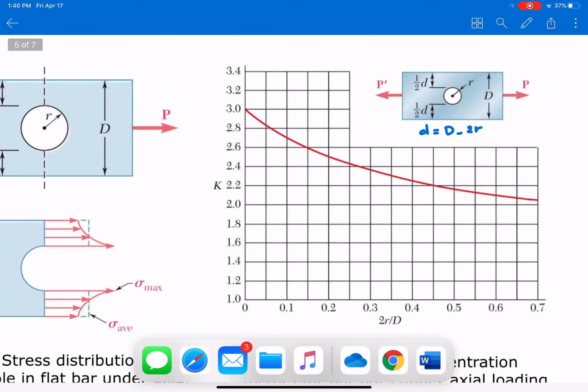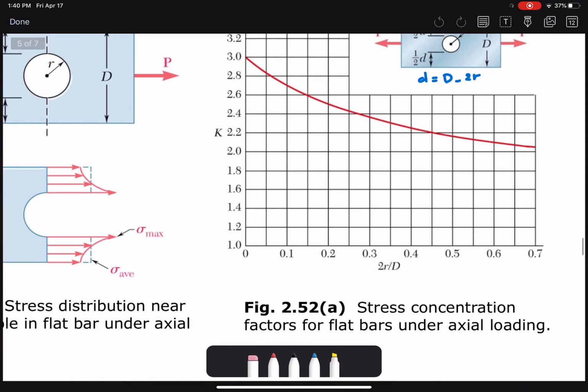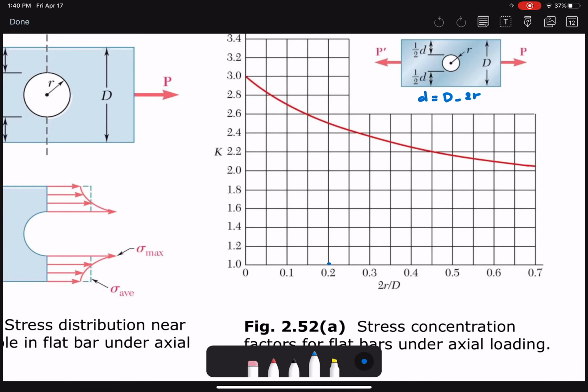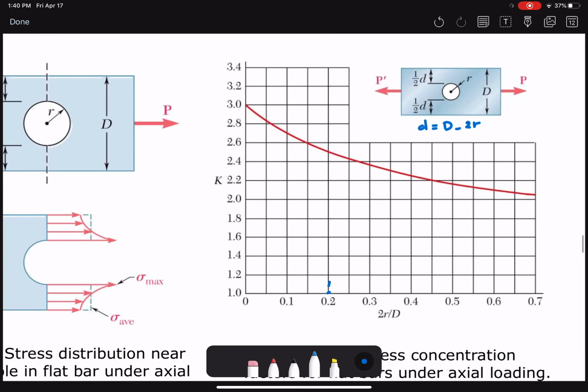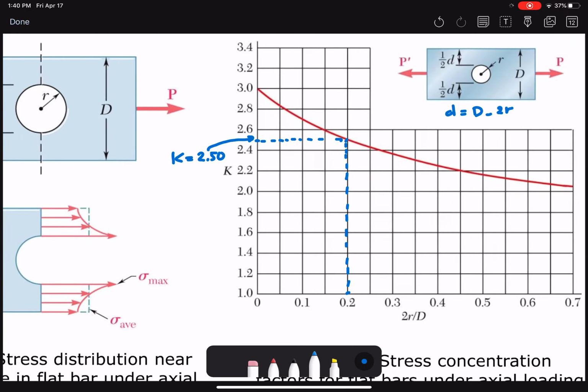So go back to the figure there. It will be 0.2 here. So you have 0.2 for 2R over D. Go up to this one and get down to that. So, as you can see, the K for the hole in that one is 2.50, because that's something between 2.4 and 2.6.